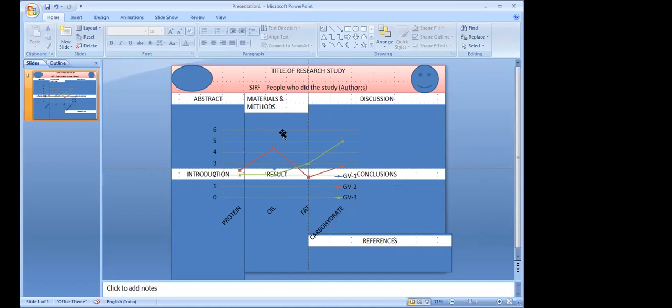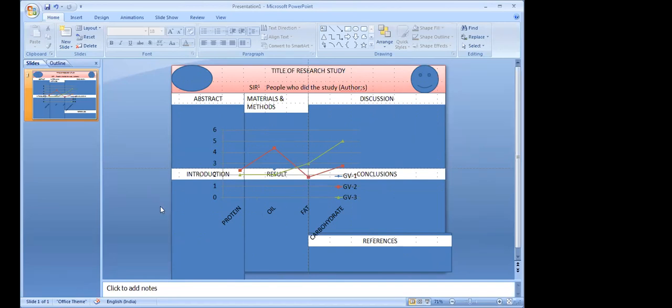Now, the most important thing is putting your references. Don't skip putting references in your research poster. References should not be in large quantity. Either 3 or 4 will be sufficient, because when you write the introduction there will be one line, or let's say some statement, which is exactly the same as in some research paper.